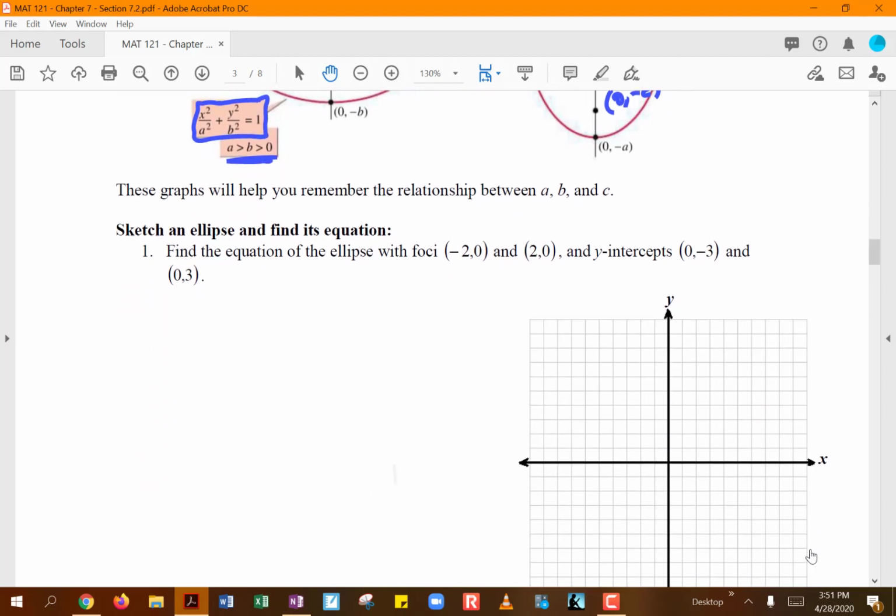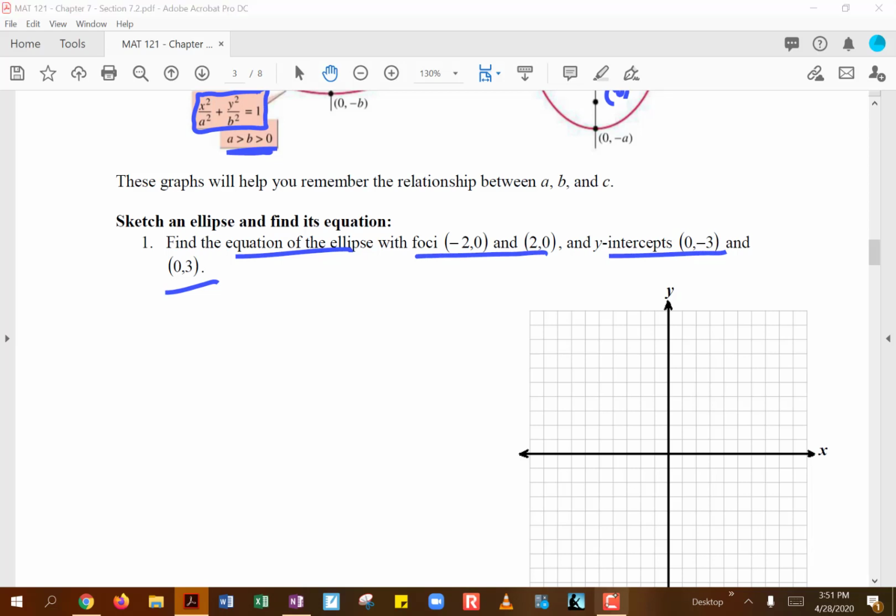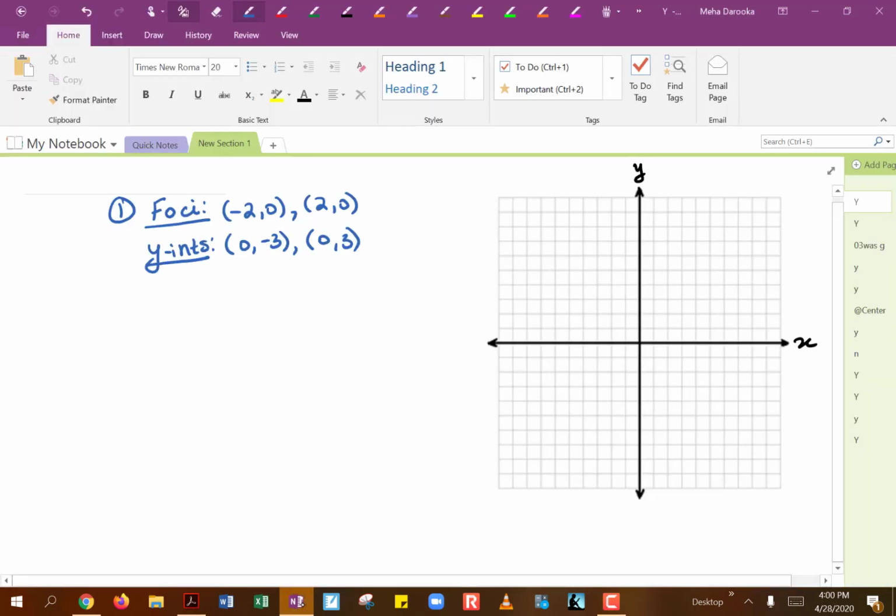But let's go ahead and take a look at our first example over here. So they're asking us to find the equation of the ellipse where you are given the foci and the y-intercepts. So let's go ahead and take a look at this. Okay, so let's see, our foci are at (2, 0) and (negative 2, 0).